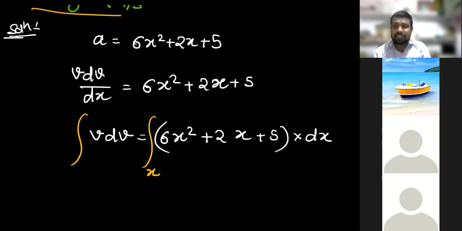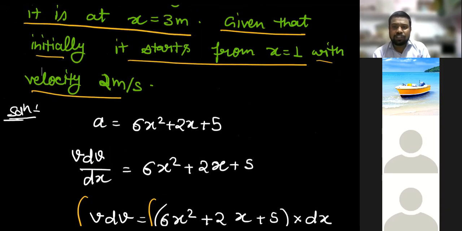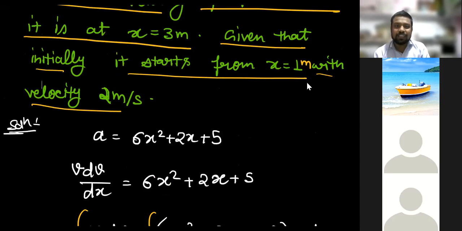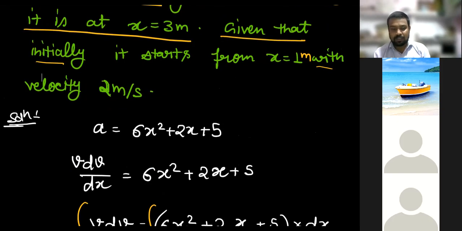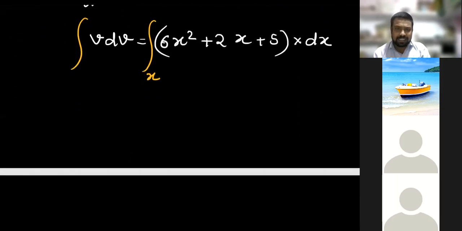The question says the initial position is x equal to 1 meter, where velocity is 2 meter per second.